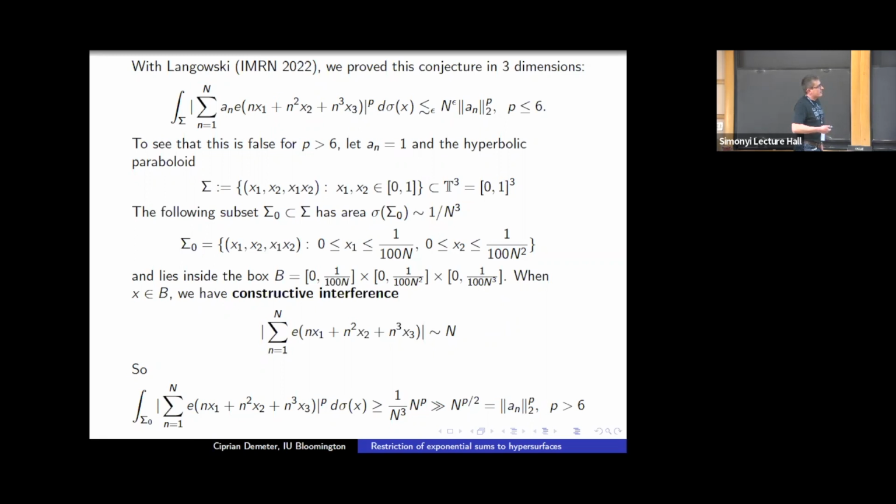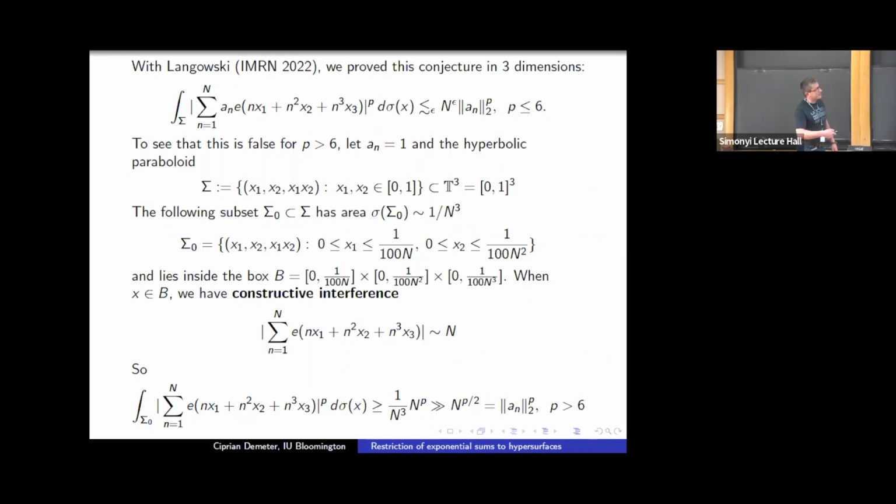What is constructive interference? Well, it's the case when all the exponentials are aligning with each other in a way that the sum is comparable to the sum of the absolute values. This is as large as n. Where exactly? Well, when x1 is small, x2 is small, and because you live on this hypersurface, that forces x3, which is x1x2, to also be small.